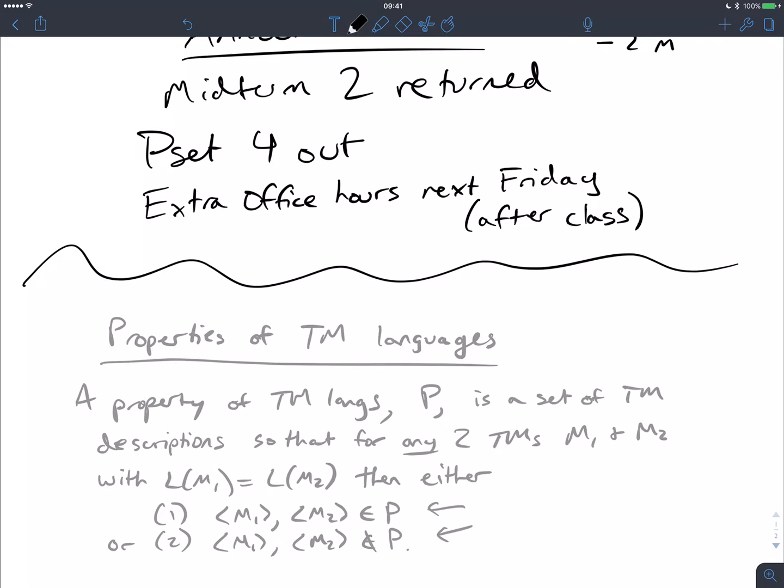ALL_DFA, for instance: is there any state you can reach that's not a final state? Then therefore the language is not everything. Or in the case of INFINITE_DFA, the language is infinite if from the start state you can get to some loop that goes to a final state, right? Because I can repeat that as many times as I like.